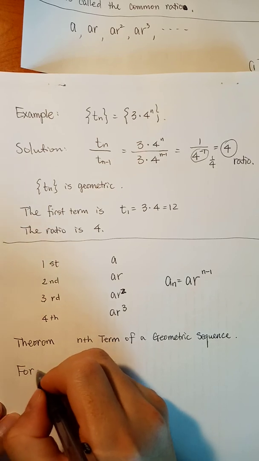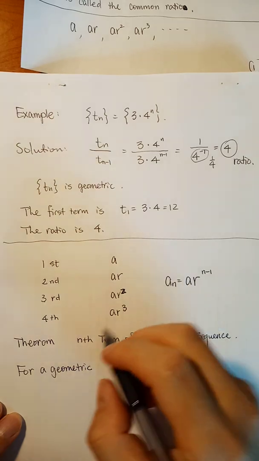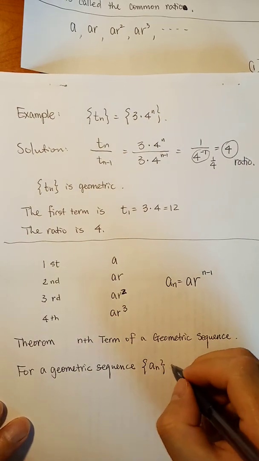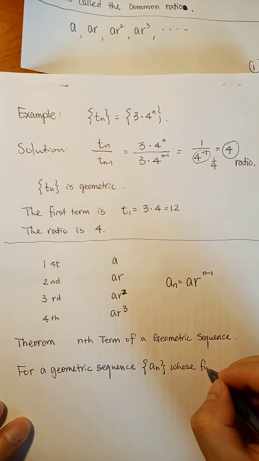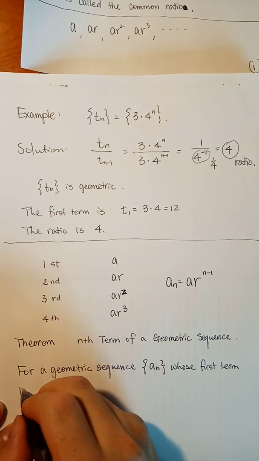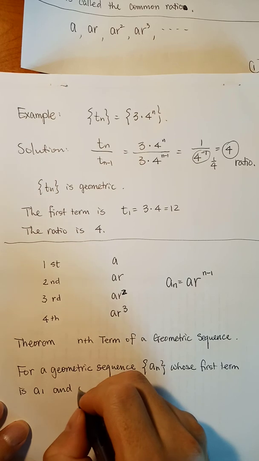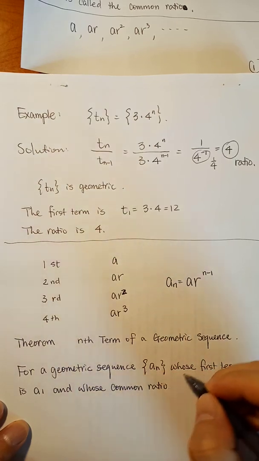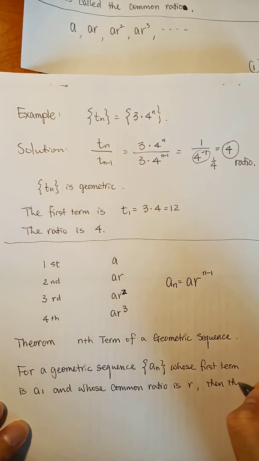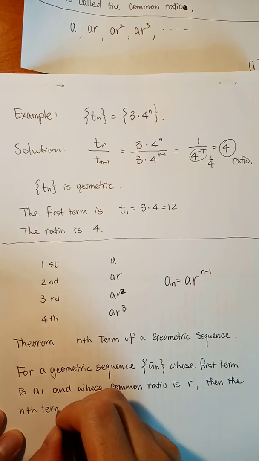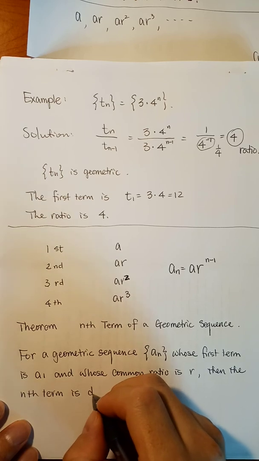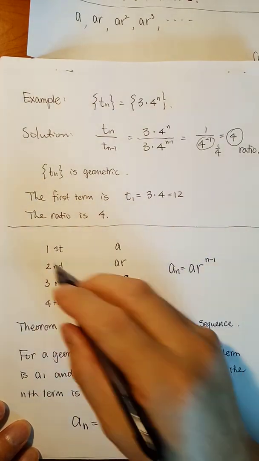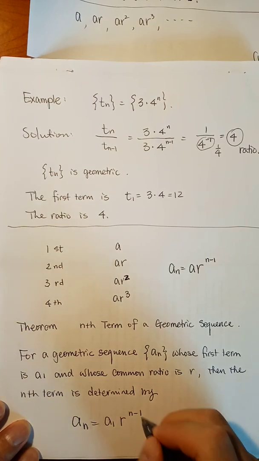So for a geometric sequence an whose first term is a1 and whose common ratio is R, then the nth term is determined by an is a1 R to n minus 1.